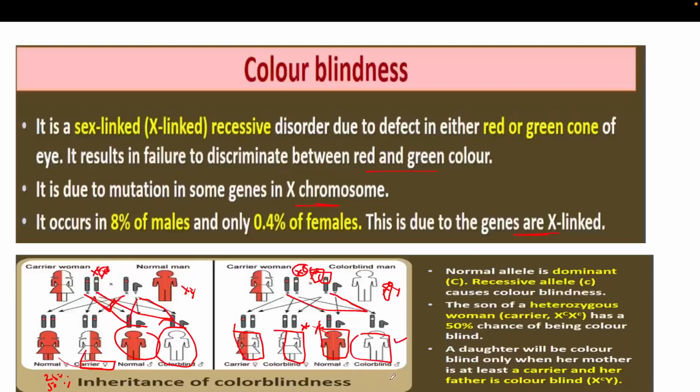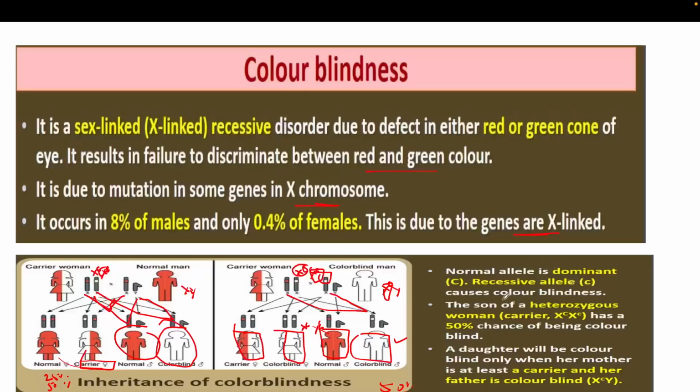So these are the two types of scenario here. 50% of offspring are color blind, 25% are normal, and 25% are carrier.